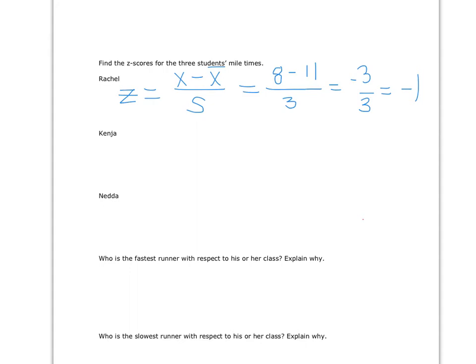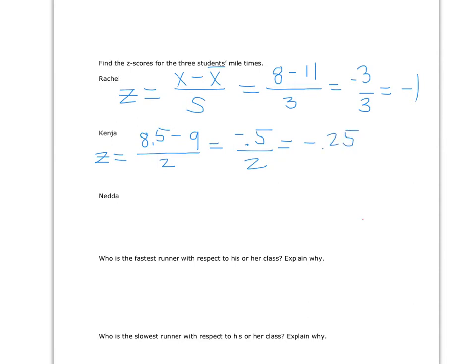All right, let's see, what about Kenji? Kenji's mile time was 8.5 minutes, and the middle school mean was 9. The middle school standard deviation is 2. So doing the subtraction in the numerator, we get negative 0.5. Divide that by 2, we get negative 0.25.